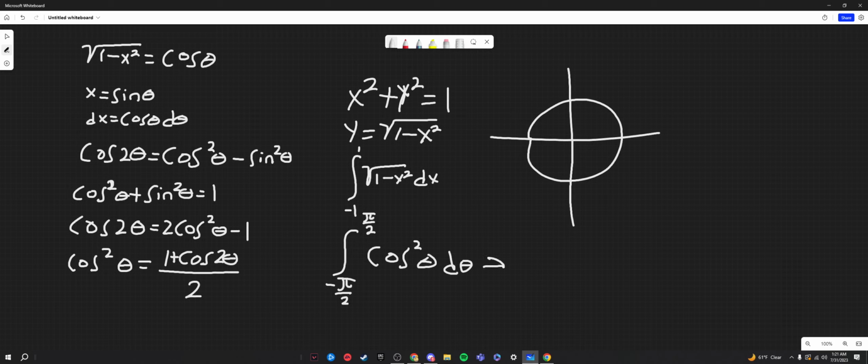So we still keep the same bounds, at least for now. From negative pi over 2 to pi over 2, this is going to be 1 plus cosine of 2 theta all over 2 d theta.